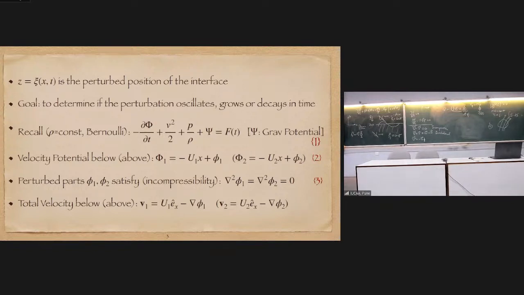Z equal to 0 is an unperturbed location, but at a given time, the height of the interface from the z equal to 0 level, let's call this xi, which can be a function of x and t. X is horizontal, so it is a different height at different locations, right?